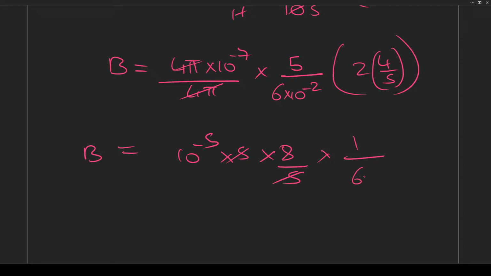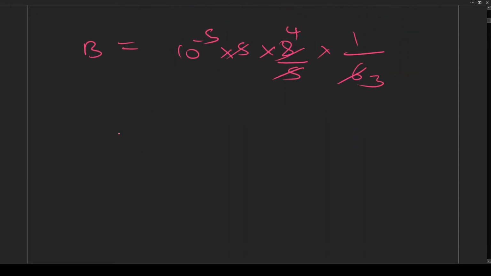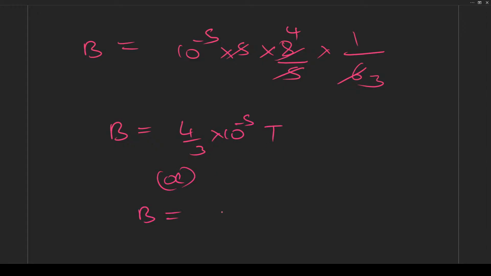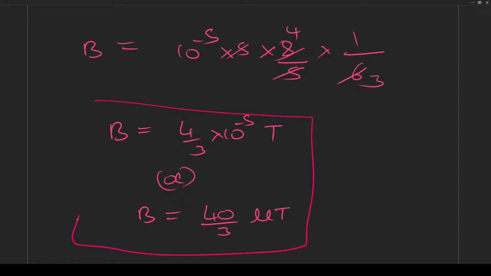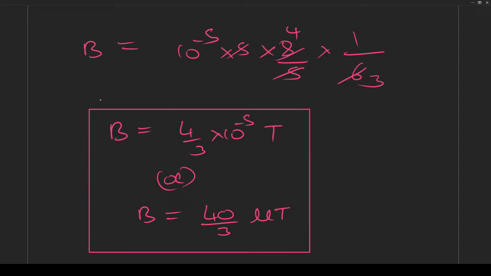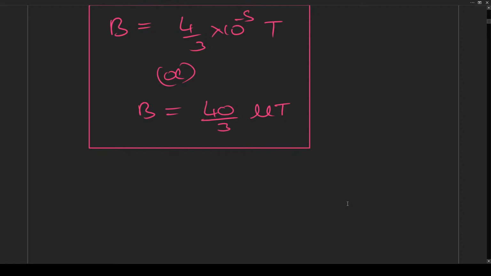This we can write as, 2 3s are 6, 2 4s are 8. So B is equal to 4 by 3 into 10 power minus 5 Tesla, or B is equal to 40 by 3 micro Tesla. Let's go to the next question.